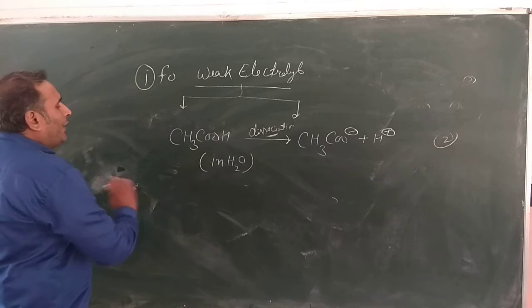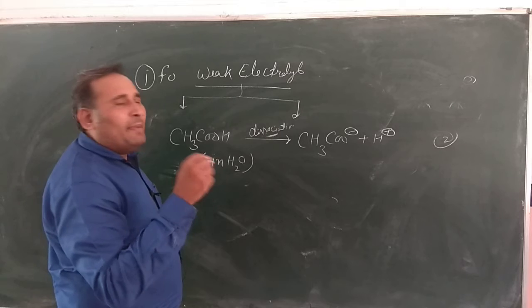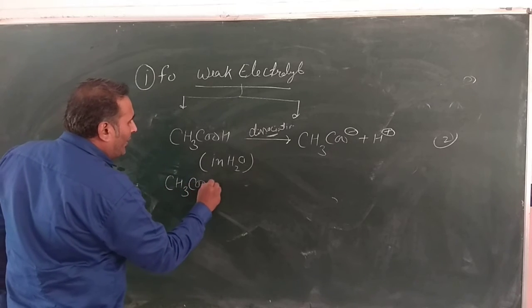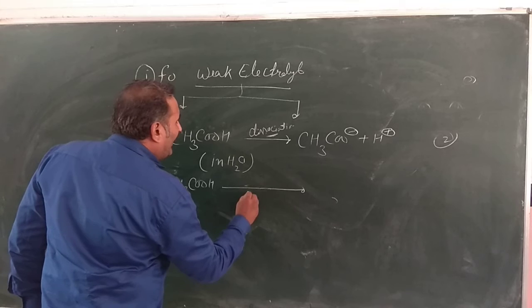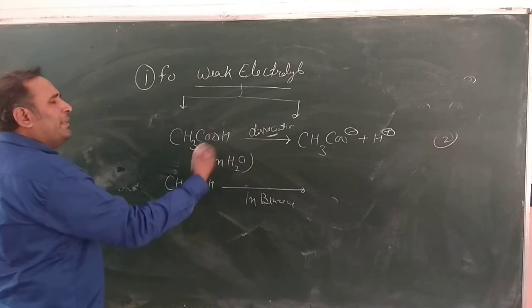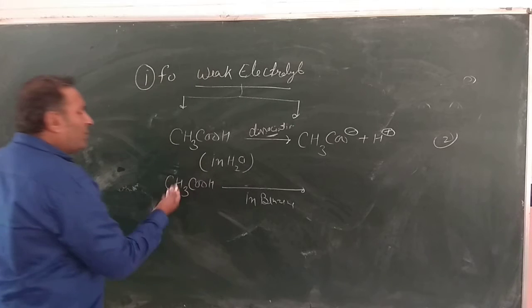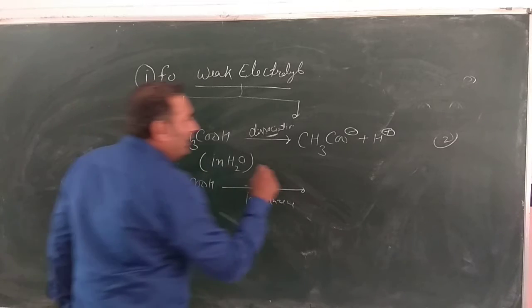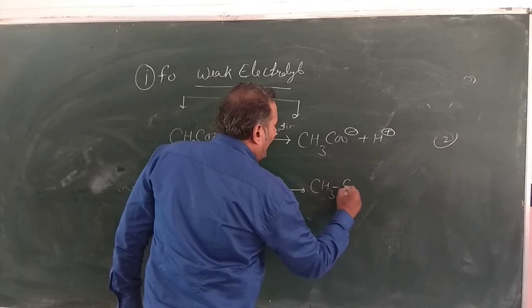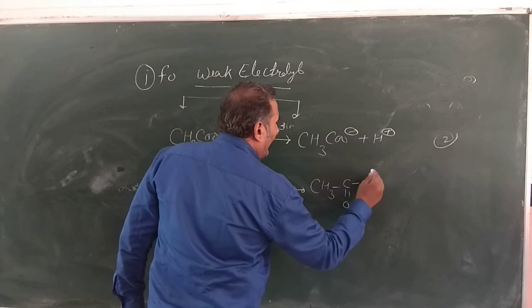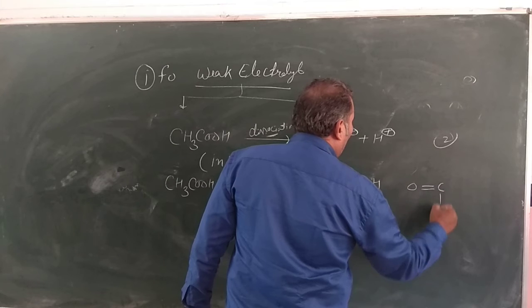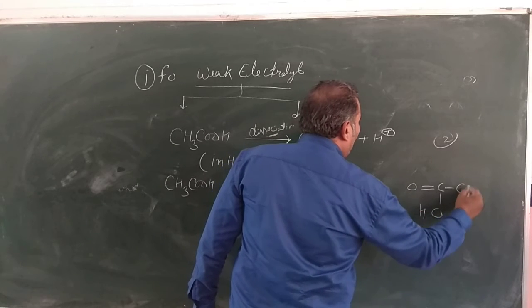But when we are taking the solvent as benzene, suppose CH3COOH in any organic solvent like in benzene, or benzoic acid in benzene, correct? You can say benzoic acid, acetic acid in benzene, they dimerize. Dimerize means CH3, C double bond O, O negative, OH, and double bond O, C, OH CH3.